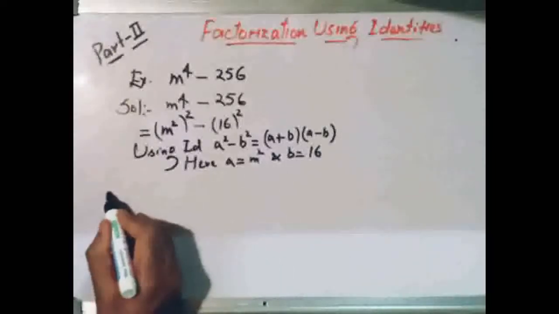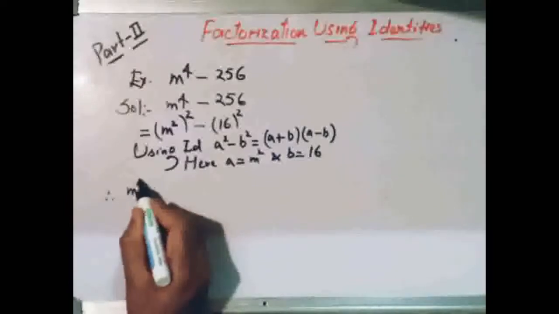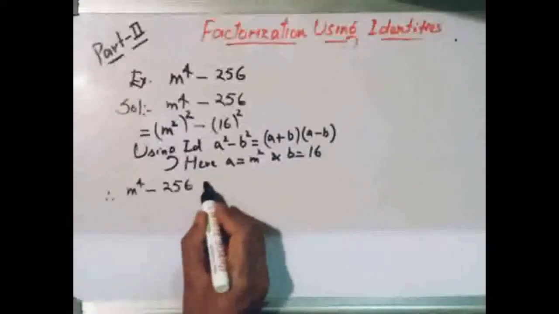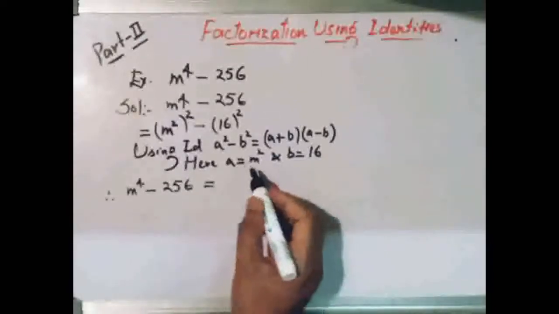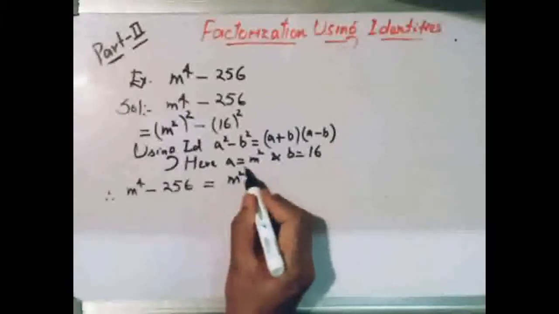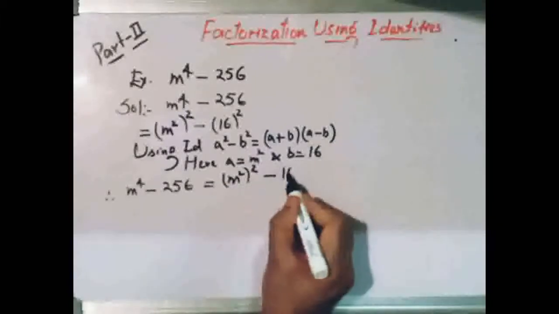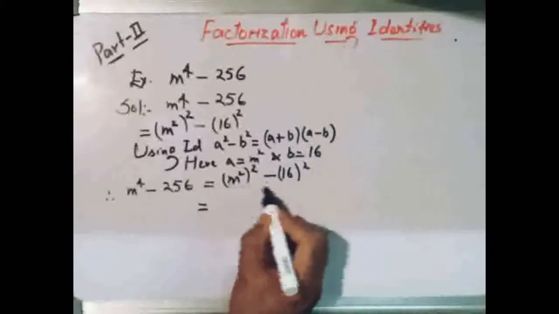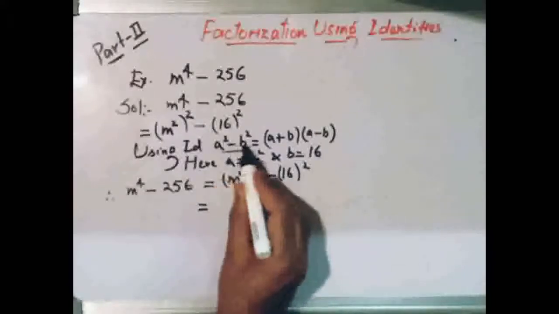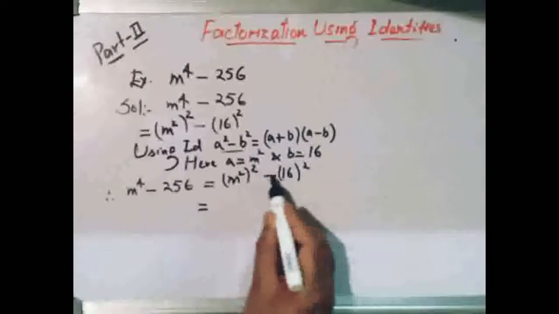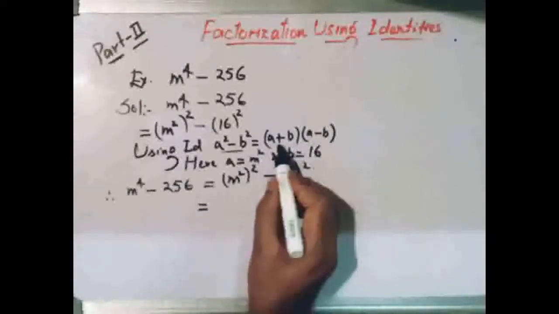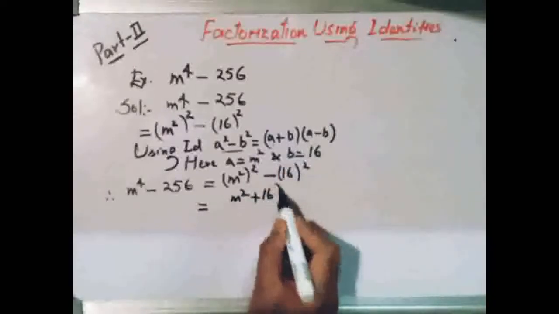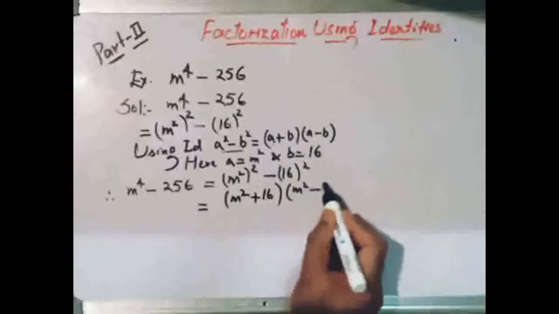Therefore m raised to power 4 minus 256 can be put like this: m square whole square minus 16 whole square, which is a square minus b square. Now this will be equal to the right hand side: a means m square, plus b means plus 16, then m square minus 16.